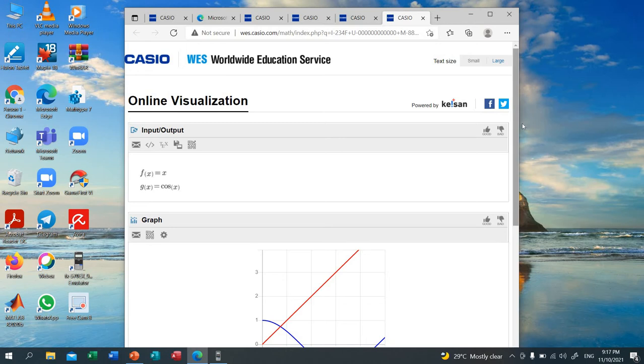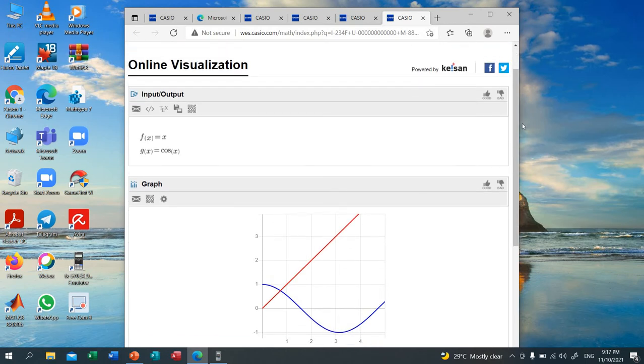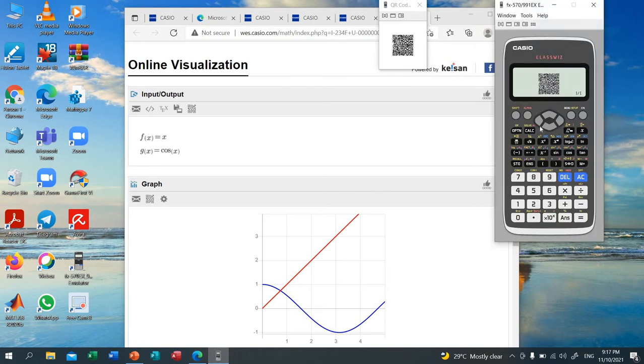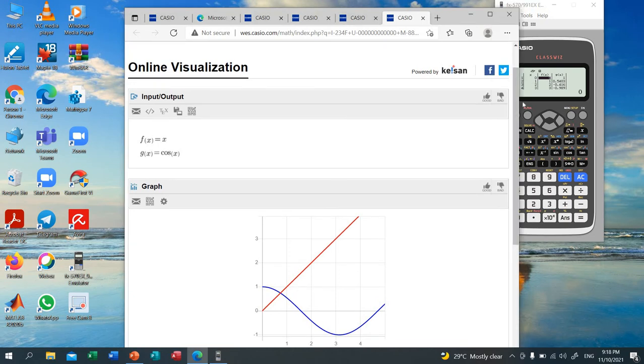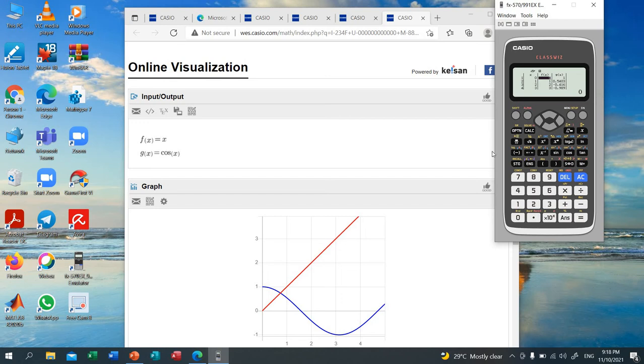You see this one. This is what I just input in table form, table input. fx is y equal to x, gx is y equal to cos x, and then just scan the QR code.